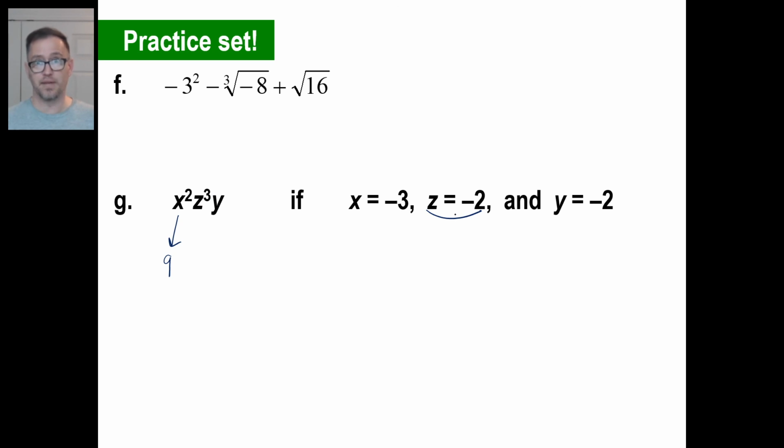Negative 2 times negative 2 times negative 2 will give you negative 8. Y, we say, is negative 2. So just multiply by negative 2. You have 2 negative factors, which means the answer will be positive. So all you need to do now is 9 times 8 times 2, which is going to be 144.